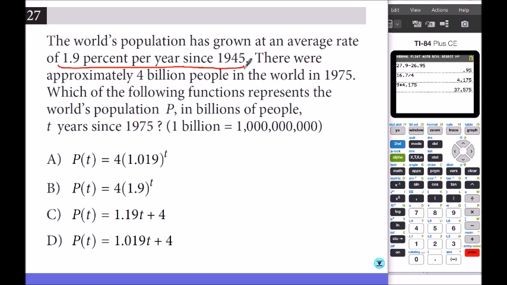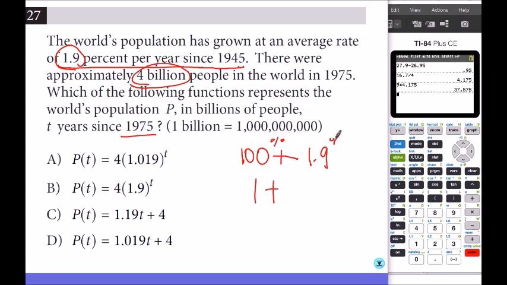So since 1945, the rate was increased by 1.9%, and there were 4 billion to start at 1975. So it's 4 times what? It's 100% increasing. So it is 100% plus 1.9%, which is 1 plus. These are in percentage.